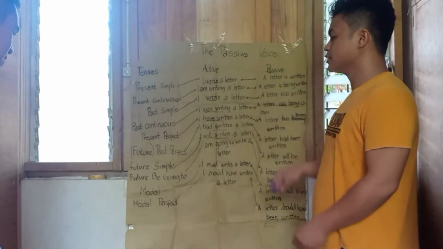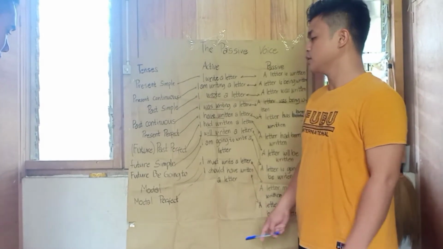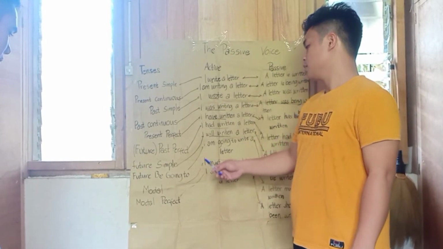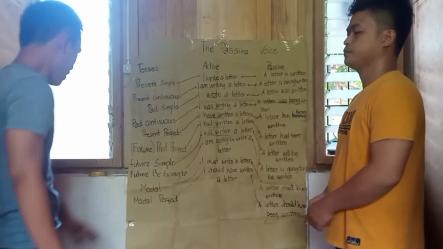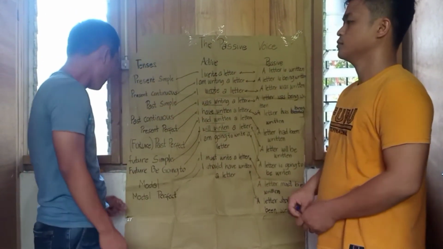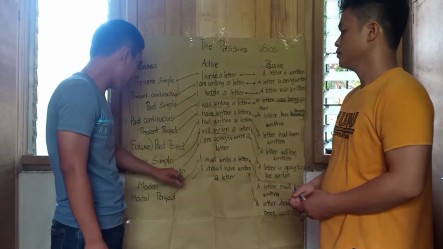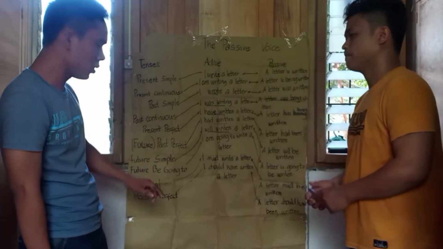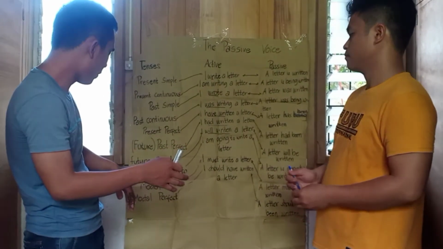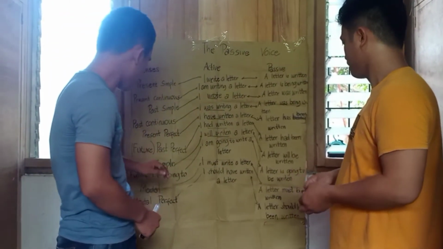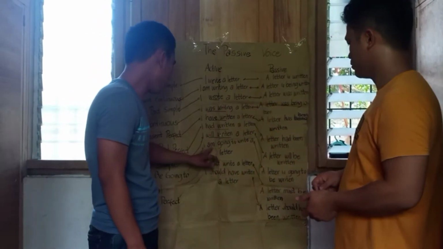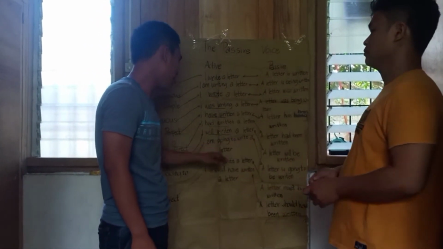Okay, the next tense is the future be going to. So when we say future be going to, the example is I am going to write a letter.